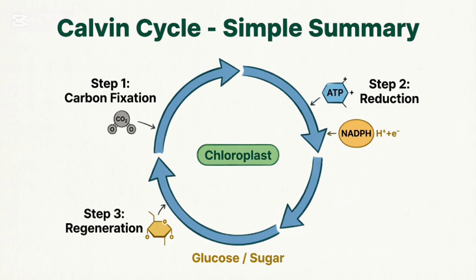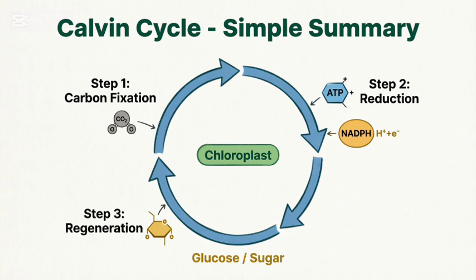Again, for your clarity, I will summarize the Calvin cycle in this single slide. The Calvin cycle is comprised of 3 steps. The first step is the carbon fixation, in which carbon dioxide is attached to the 5 carbon molecule, which is already present in the chloroplast, which is highly unstable and splits into 6 molecules of 3 carbon, out of which 1 gets reduced and forms a 3 carbon sugar, as you can see in the second step, that is reduction.